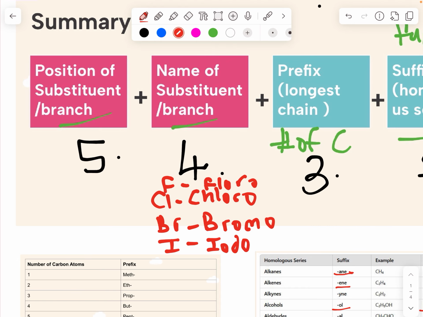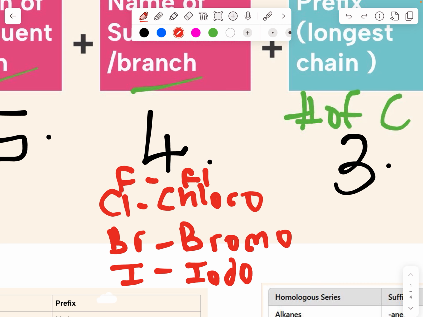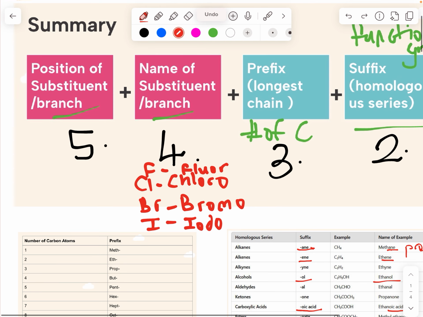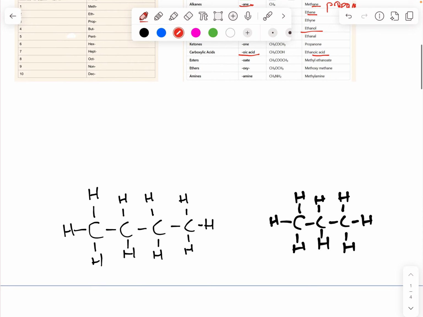I think I spelled this incorrectly, it should be FLUORO. And then the last thing that we're going to do is tell the position of our substituent, and remember that the substituent gets the lowest possible number. So let's get into naming.